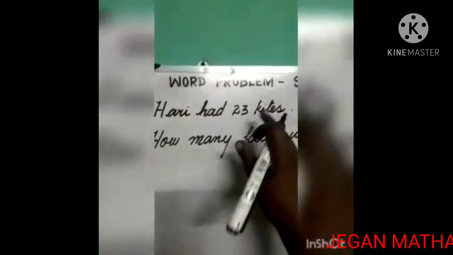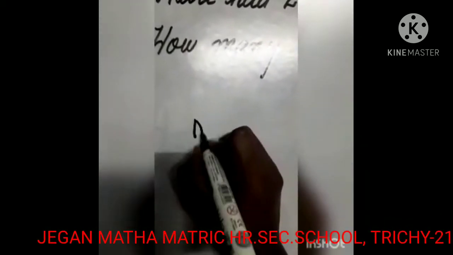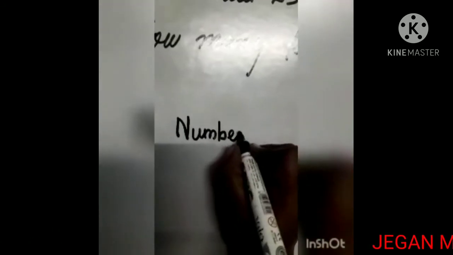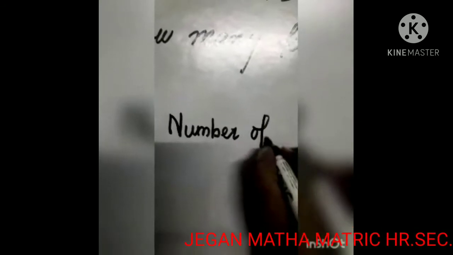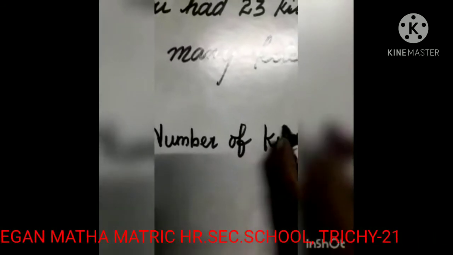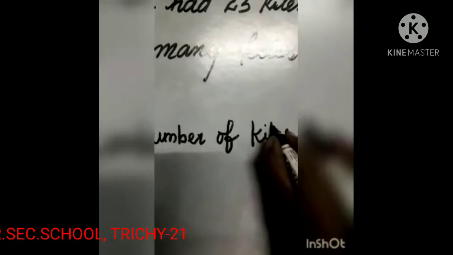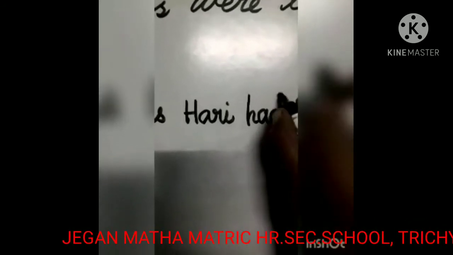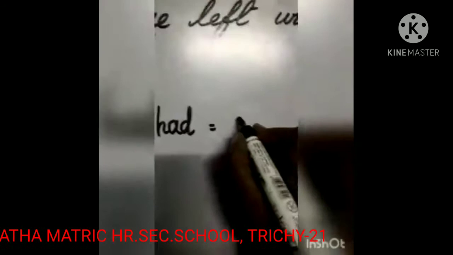First we take this and write it down: number of kites Hari had, 23.